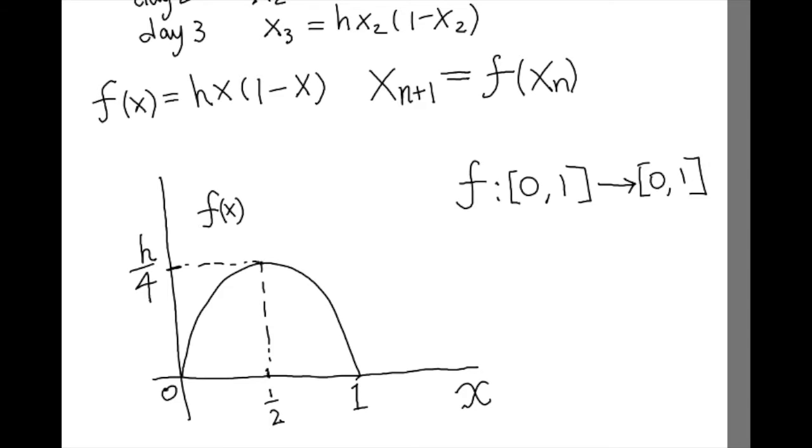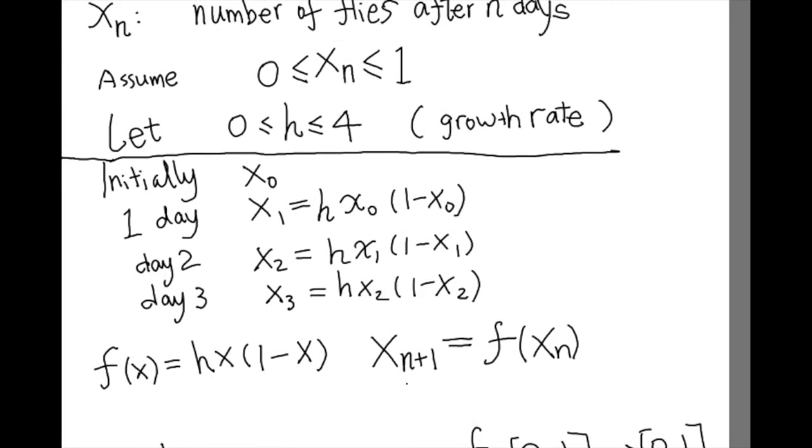So remember that the population is evolving by applying f again and again. So in order to do that, we need f to map the 0, 1 interval to itself. Remember, we assumed the population is always between 0 and 1.